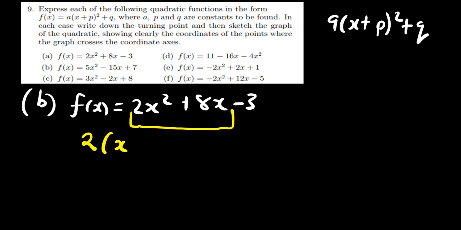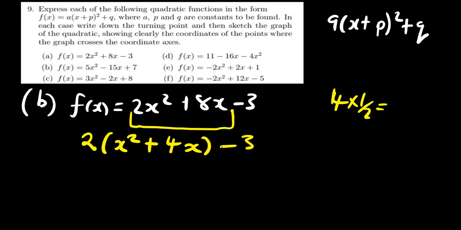x squared plus 4x, minus 3. Then I'm going to find the half of 4. The half of 4, so 4 multiplied by half, is just 4 over 2, that is just 2. So the half of 4 is 2.